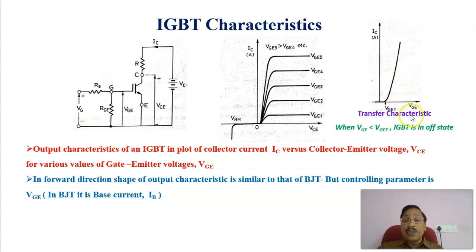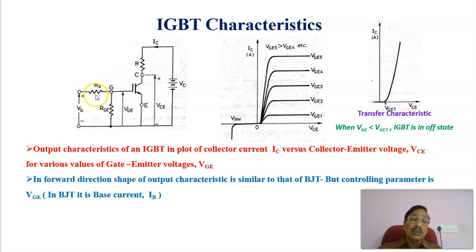Transfer characteristics is a plot of the input voltage, the gate to emitter voltage, VGE, versus the output, the collector current. Therefore, VGE versus IC, that plot is called the transfer characteristics. If VGE is less than the threshold voltage, then the IGBT is said to be in the off state.